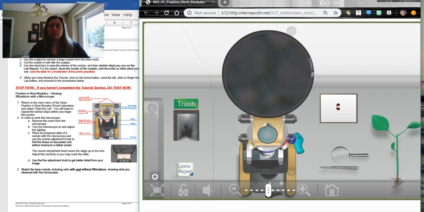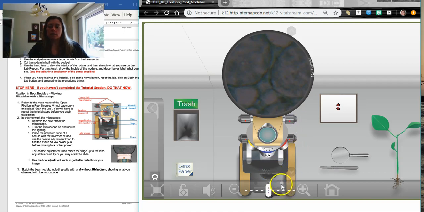Now the problem here is I've zoomed in too much with the fine. So I'm going to very carefully move the rough or the coarse adjustment. Okay, so now we can see.